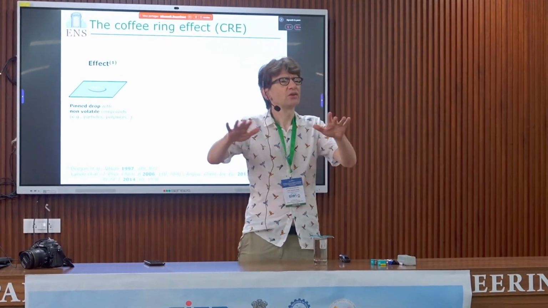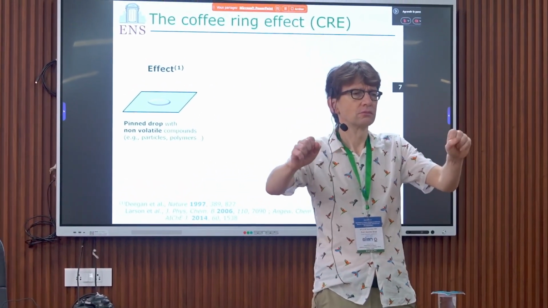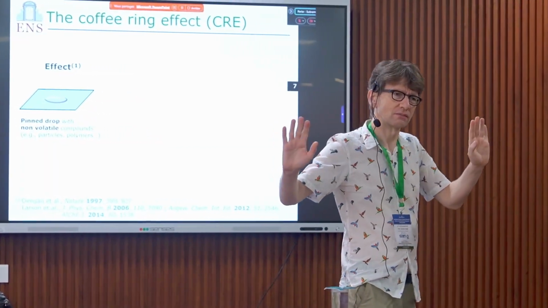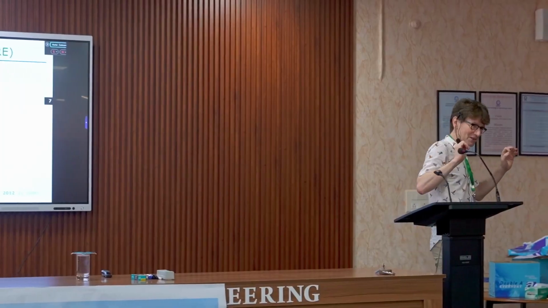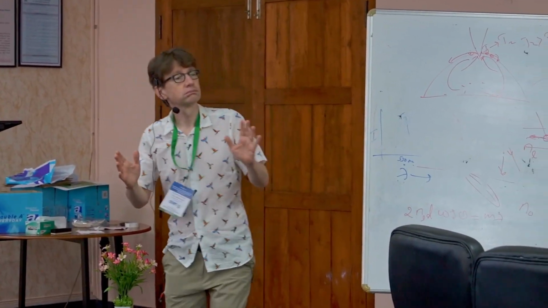It's just training for the evaluation. Don't be stressed. We will evaluate you with questions. So maybe we can practice. What is the main ingredient for the coffee-ring effect? If you have to say, I need one single ingredient, and if I have this ingredient, I get the coffee-ring effect. It's?